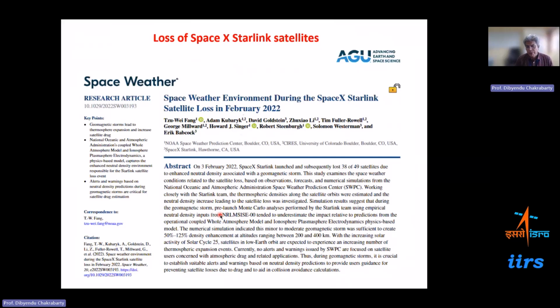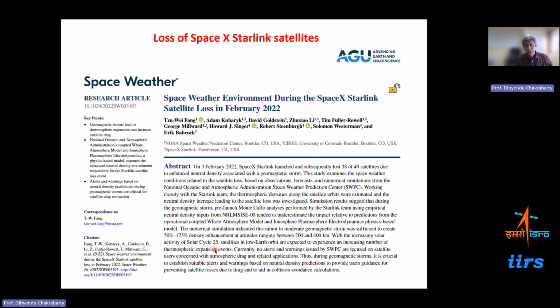It actually underestimated the impact of the solar storm on the upper part of the ionosphere, and as a result the drag calculation was not correct. This paper shows that if you calculate it with the physics-based model, it can estimate the drag correctly. Therefore, it is very important for space weather evaluation.